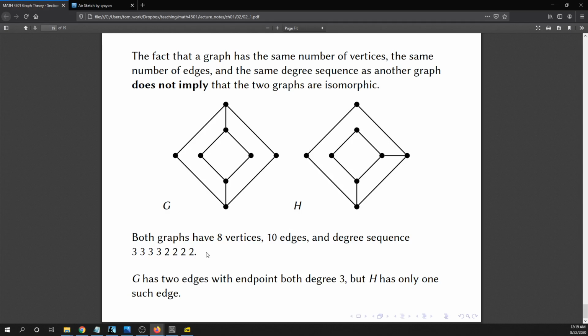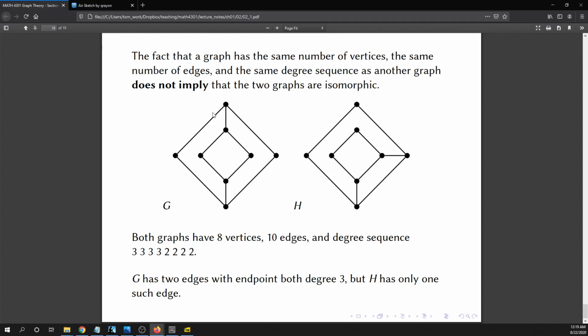So how to verify that they are not isomorphic? To verify that these are not isomorphic, we are going to use that fact that if I have an edge in G, then its image over here, whatever edge it gets sent to by that induced mapping, the endpoints have to have exactly the same degrees. Okay. So the trouble starts in here.